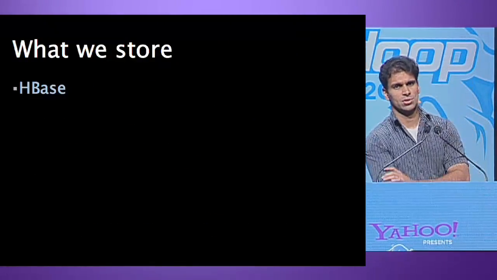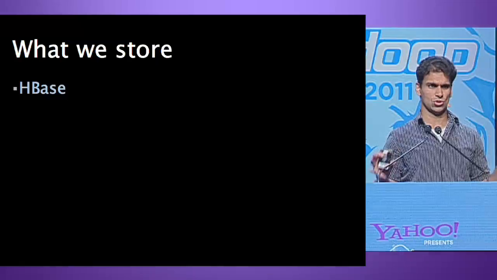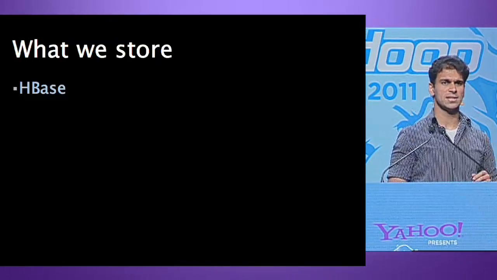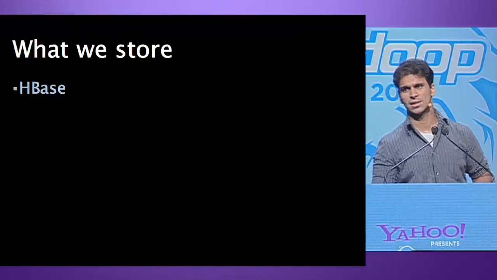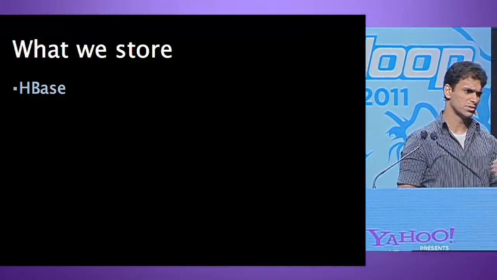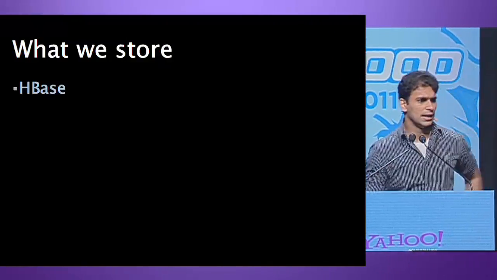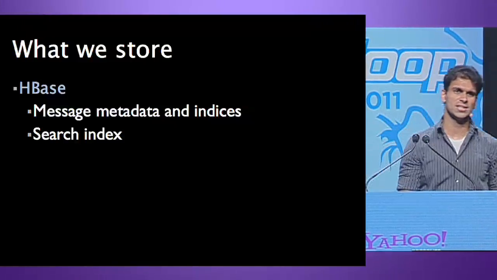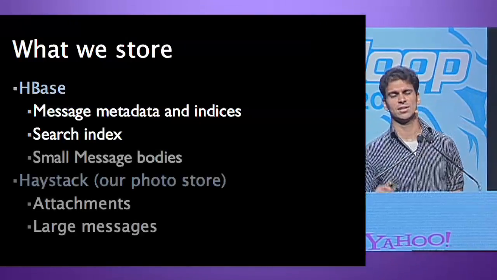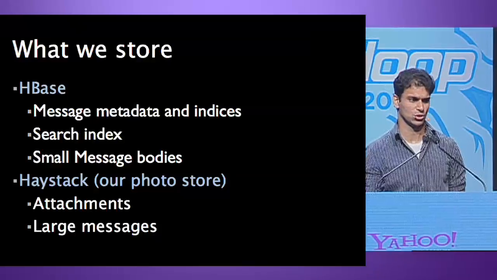So what do we store? We have 2 main storage technologies. We use HBase and Haystack. Haystack powers our photos, and HBase is something that all of you are decently familiar with. In HBase, we store the metadata for the messages, the search indices, and the message bodies if they don't cross a certain size threshold.